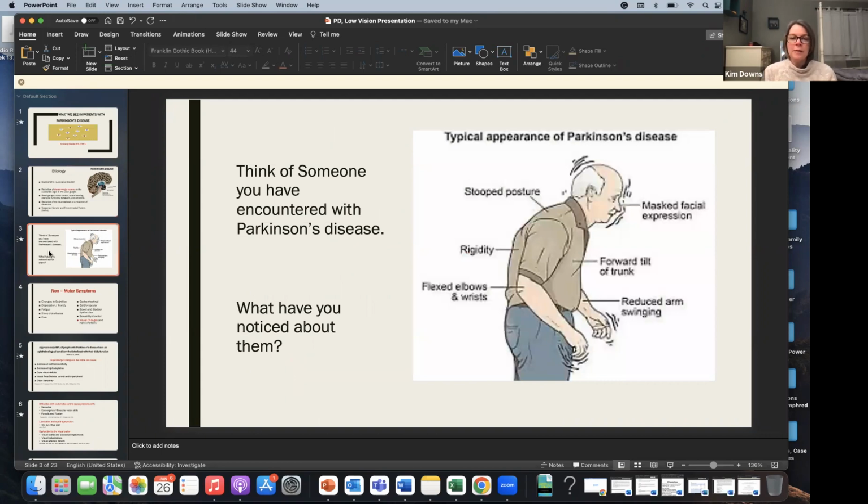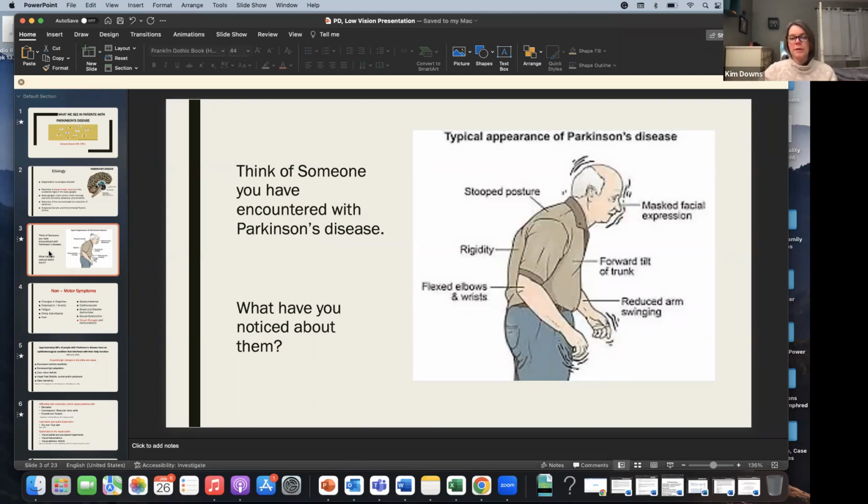When we meet someone with Parkinson's disease, we usually see the outward symptoms of the person. We see changes in posture, we see rigidity, this forward tilt, rounded shoulders, forward head. We see lack of facial expression. We see some flexion at the elbows and wrists and reduced arm swing along with some shuffling gait.